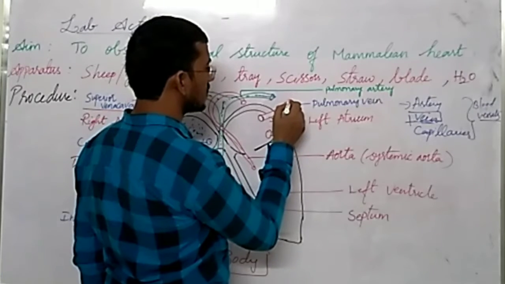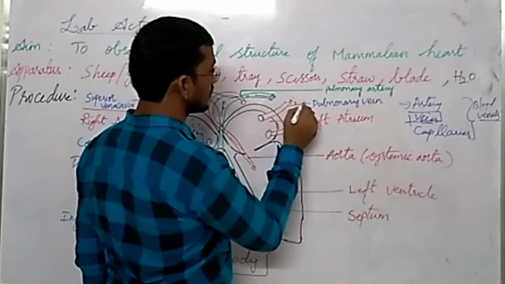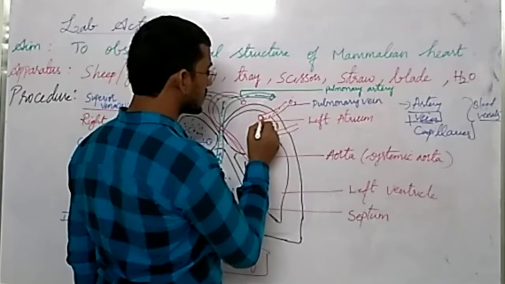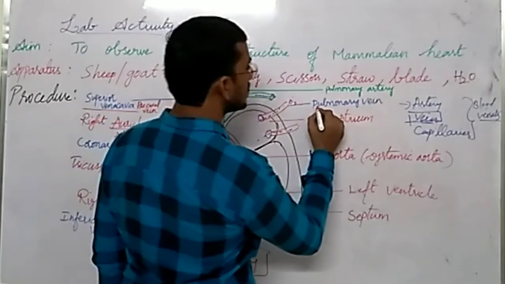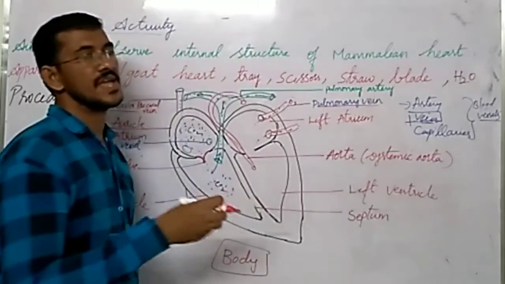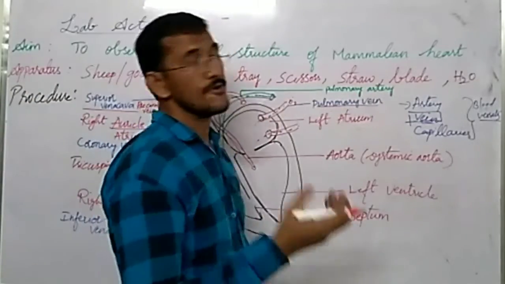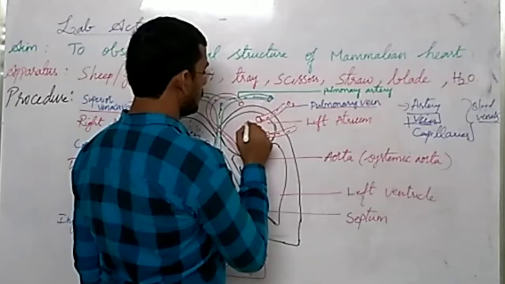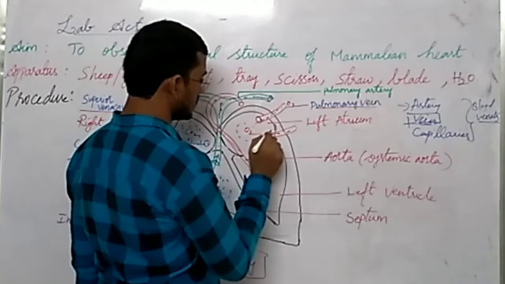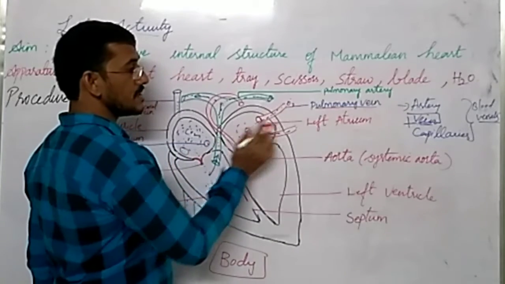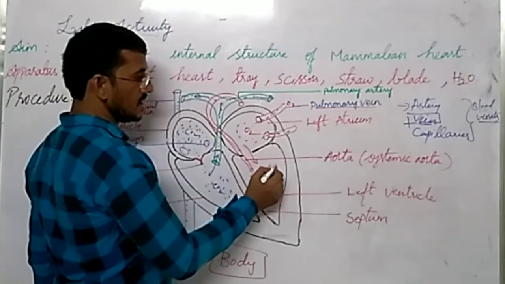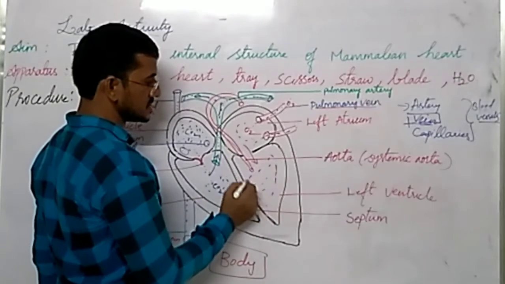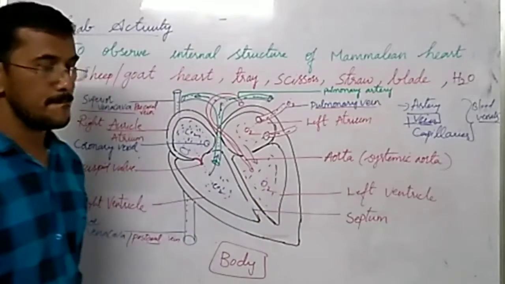Oxygenated blood, pure blood, that is oxygen containing blood, will enter into the left atrium through pulmonary vein. Pulmonary vein brings oxygenated blood from lungs. So now here it contains oxygen containing blood. From left atrium, blood moves into left ventricle. So this is pure oxygen containing blood.